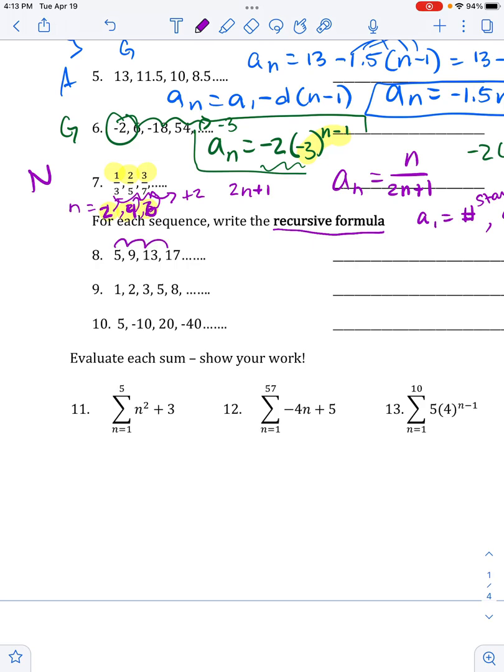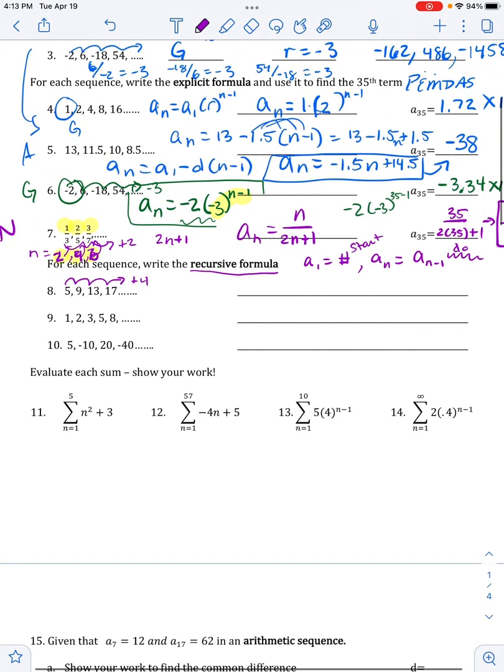So you have to look at it like this. How do you get from 5 to 9 to 13 to 17, not at all tied back to the term number? Well, I can see that I am adding 4. So the first thing you have to tell somebody in order for them to build this accurately is you have to say, hey, the first number is 5. Start with a 5.